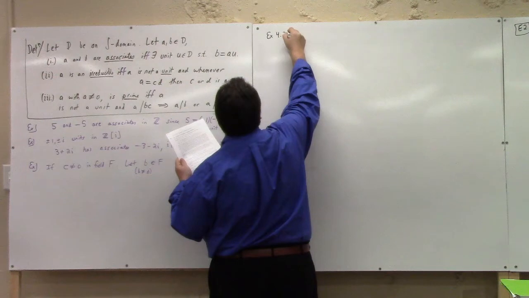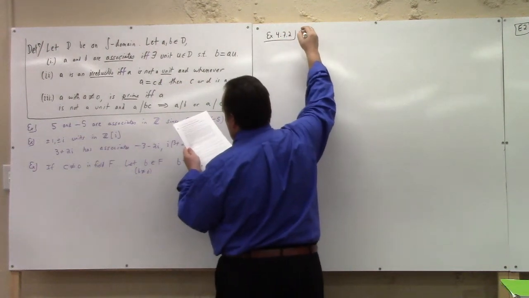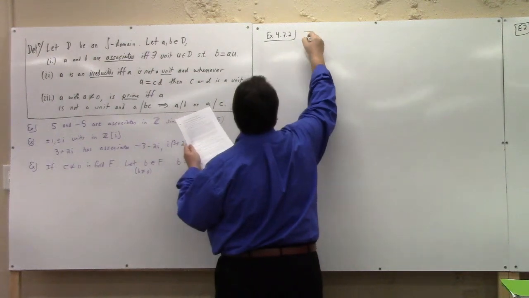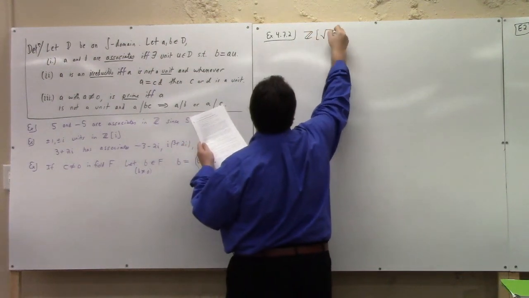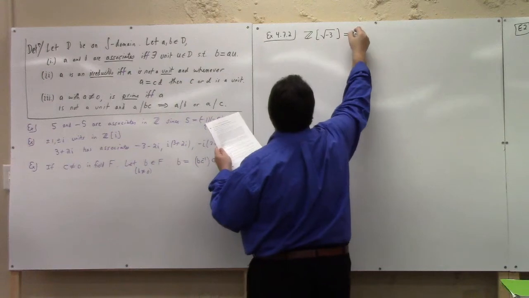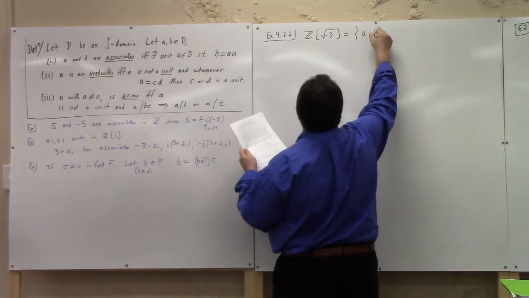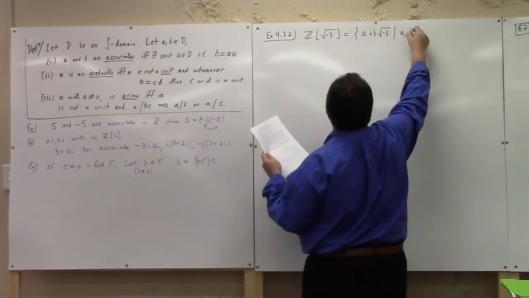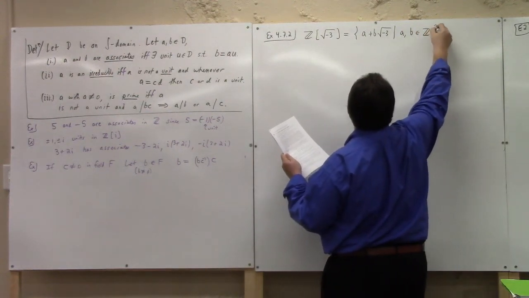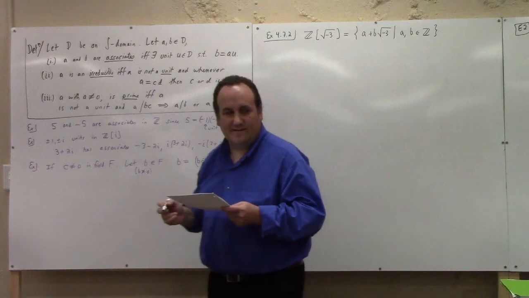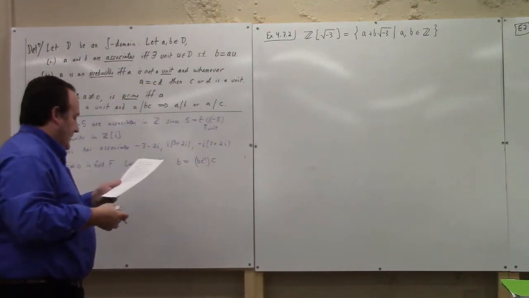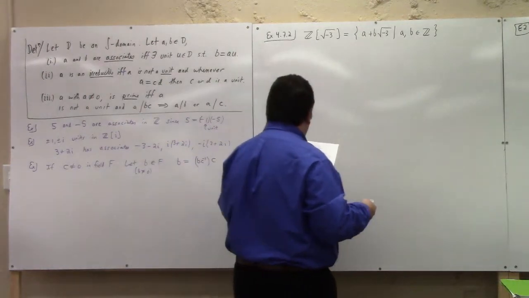Example 4.7.2. Here we're going to look at Z adjoining the square root of -3. There's some redundancy in the course here because we've already done these things before, so I'm going to try not to redo everything.